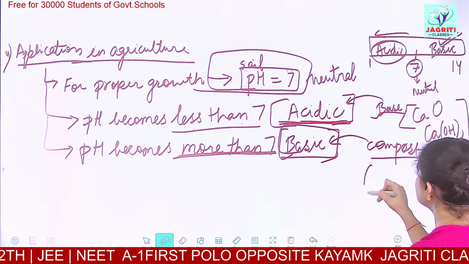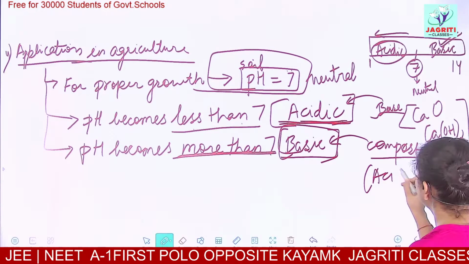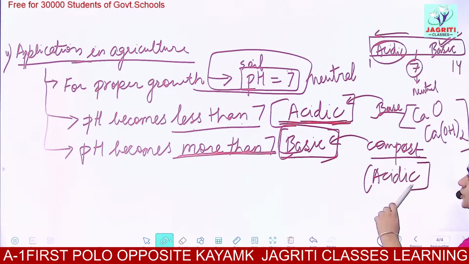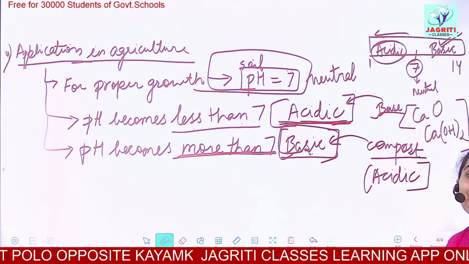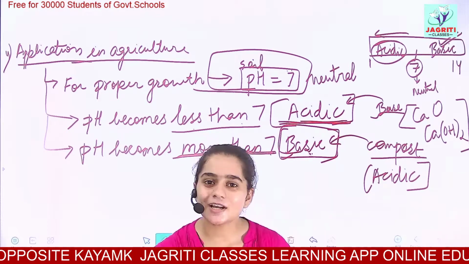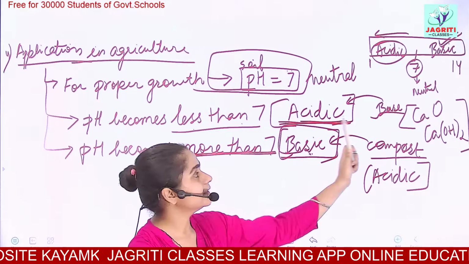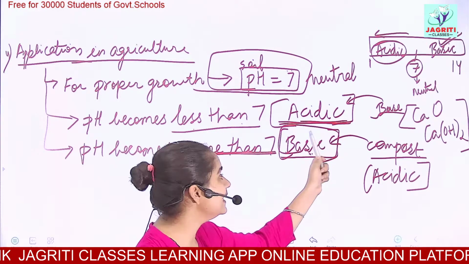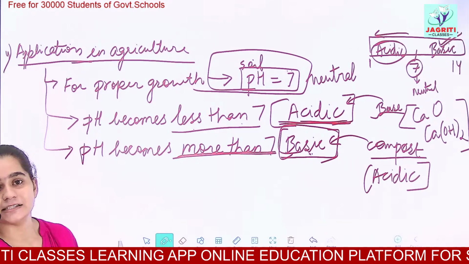Compost comprises acidic organic matter, which mixes with the basic character and makes the soil completely neutral. So these are the applications of pH in our day-to-day life. These are the common examples.